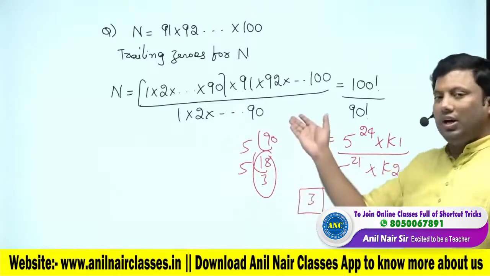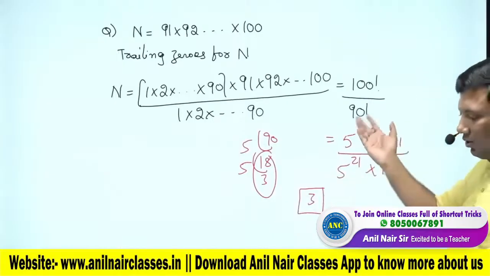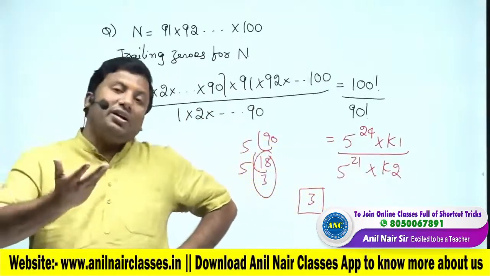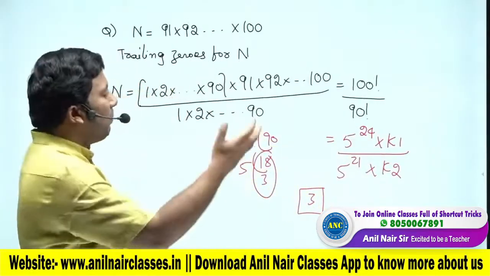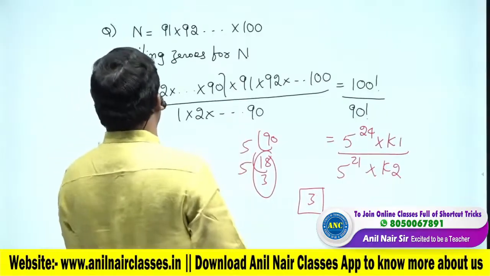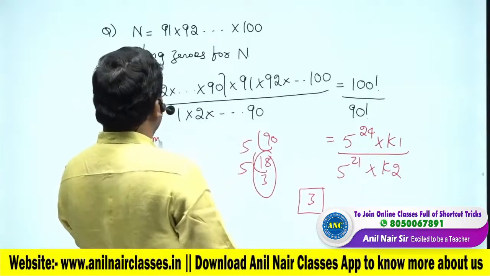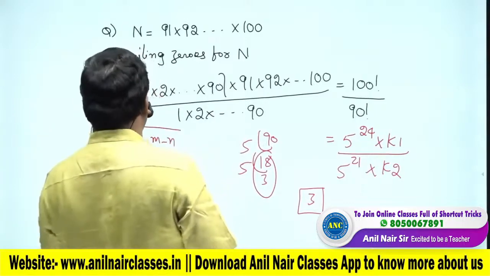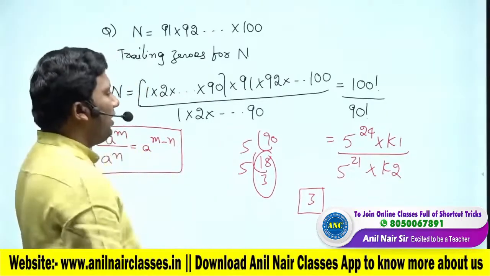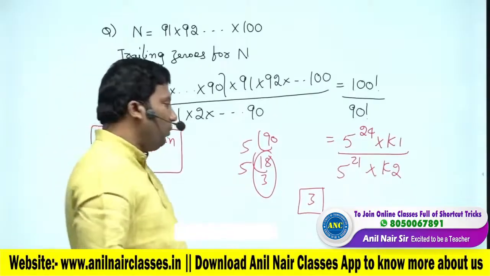If the factorial is not present, divide the numerator and denominator and convert it into a factorial, then apply the highest power of 5. A power m by a power n is given by a power m minus n. 24 minus 21. The answer for this question is 3. I hope it is clear.